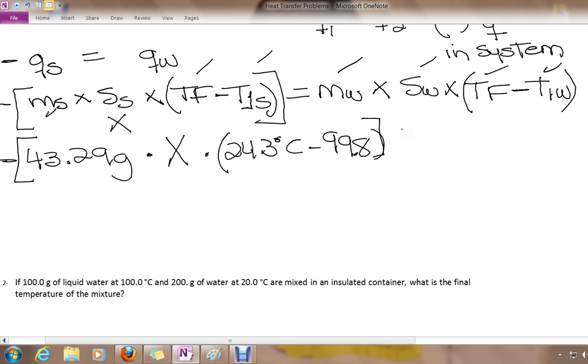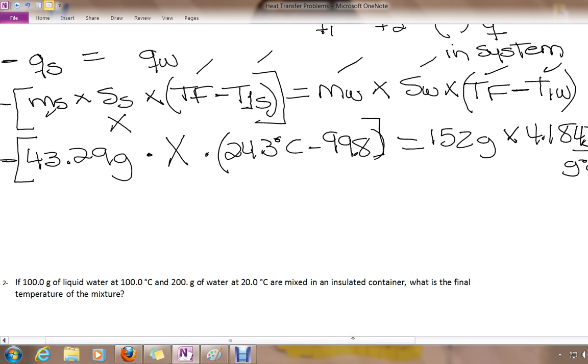So this is going to be equal to the mass of the water. What is the mass of the water? 152 grams, multiplied by the specific heat of water, 4.184 joules per gram per Celsius.